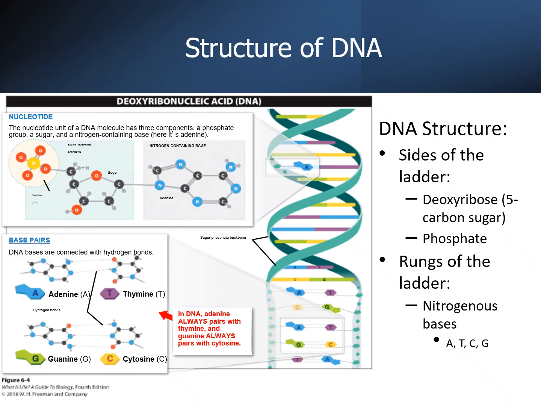So that is the outside of the ladder. On the inside of the ladder, the rungs of the ladder, those will be nitrogenous bases: adenine, thymine, guanine, and cytosine. So these three very important parts create what we call DNA.